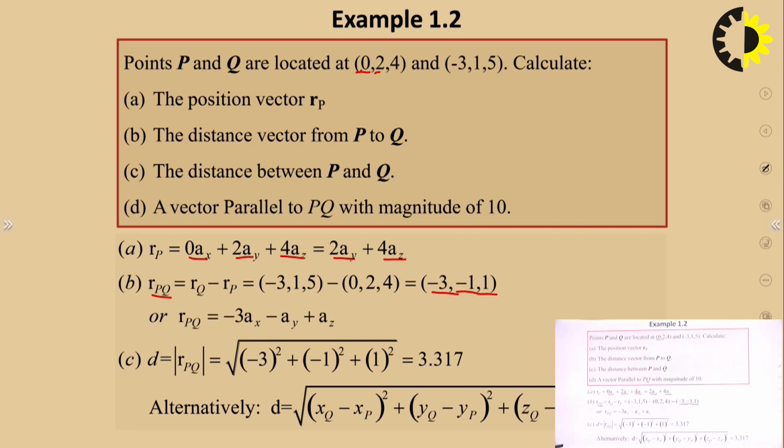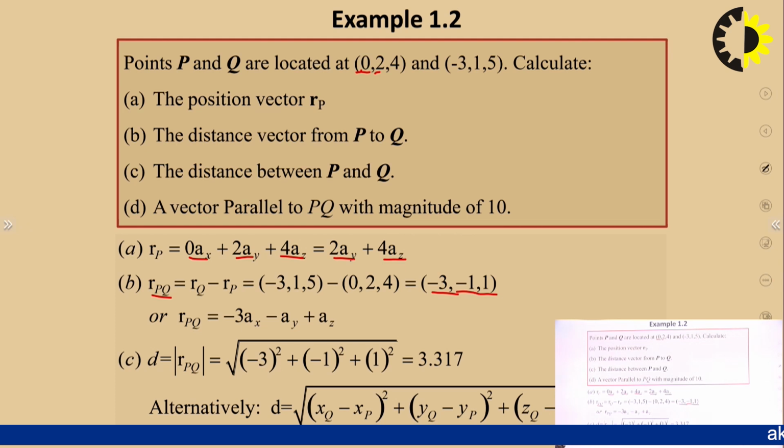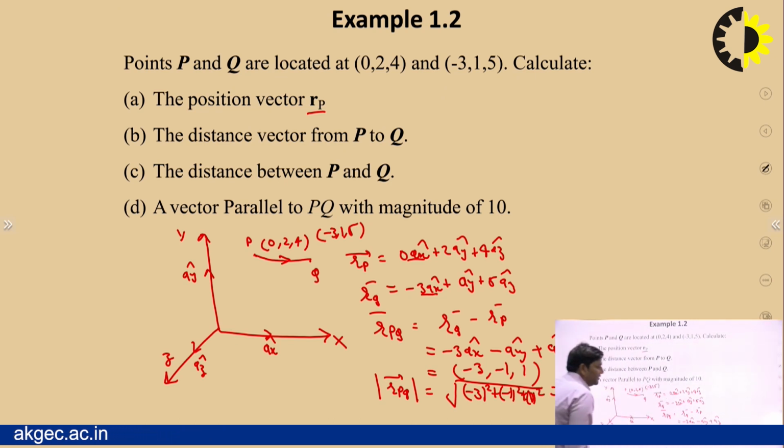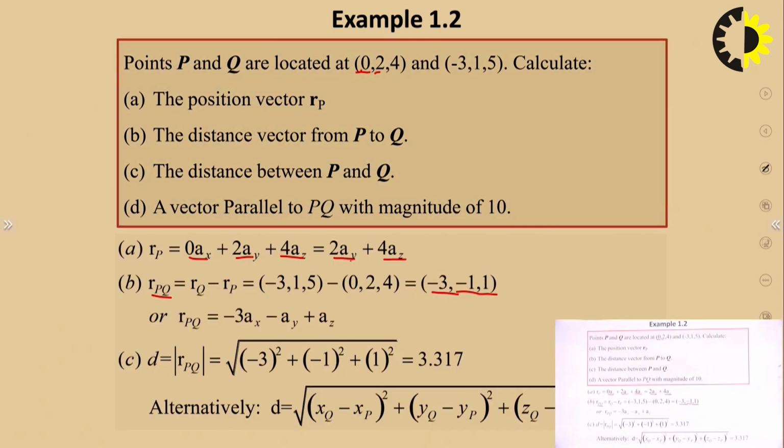And the distance between P and Q: distance is a scalar quantity. So we calculate the distance between P and Q as the mod of this, which is the square root of (-3) squared plus (-1) squared plus 1 squared. This is 9 plus 1 plus 1, square root of 11, which is 3.317.